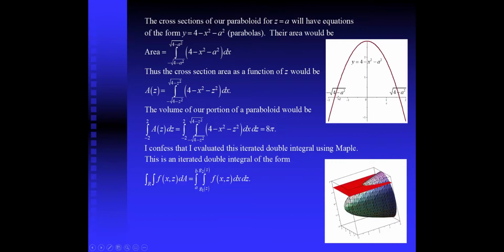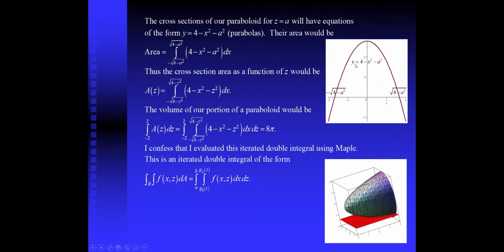That would be the area of the cross-section, with x going from negative square root of 4 minus a squared to positive square root of 4 minus a squared, y going from 0 up to 4 up here, I guess. Well, not always getting to 4, actually.